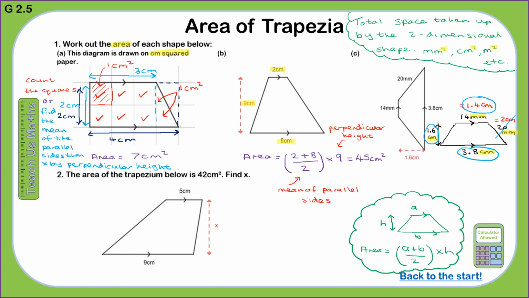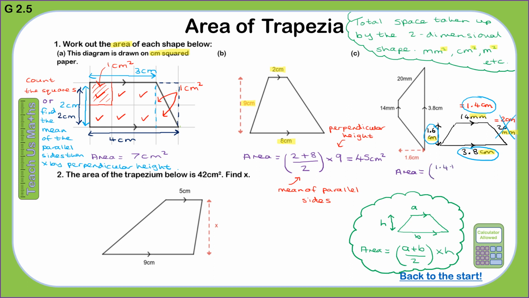Now we can finally use our formula to calculate the area of this trapezium. So the area is (A plus B) divided by 2, so 1.4 centimetres plus 3.8 centimetres, divided by 2.